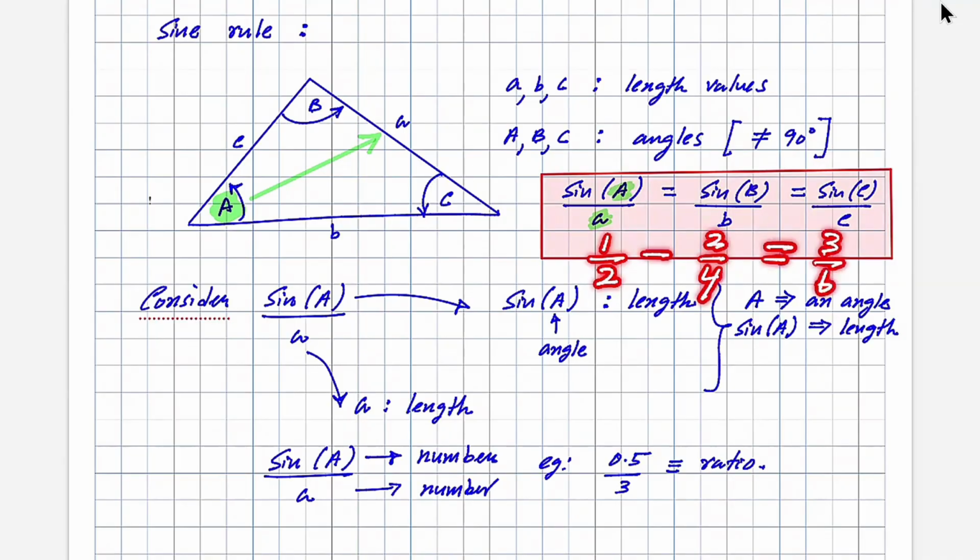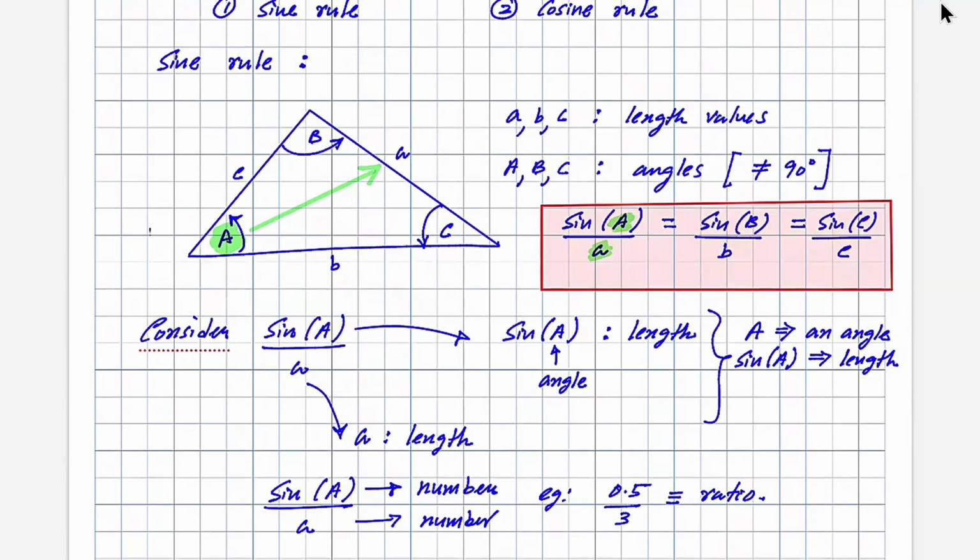All are equal to each other. No magic here. So this is all about the sine rule, a relation between the angles and the side lengths. Make sense? Okay.